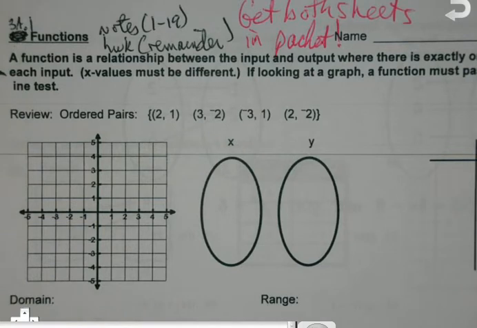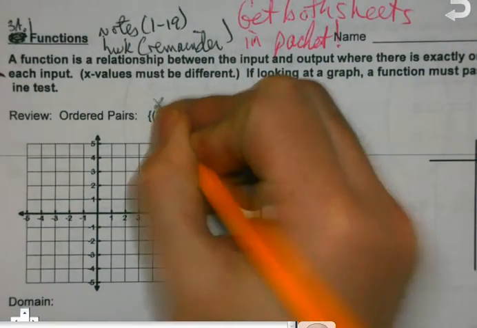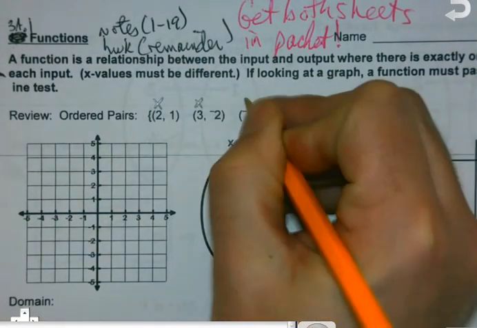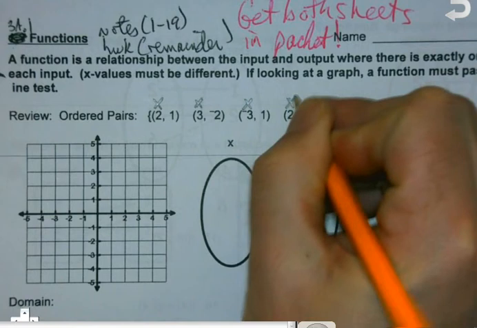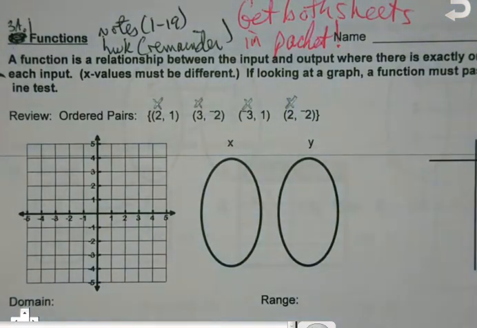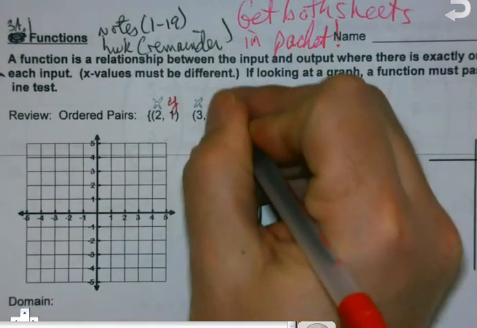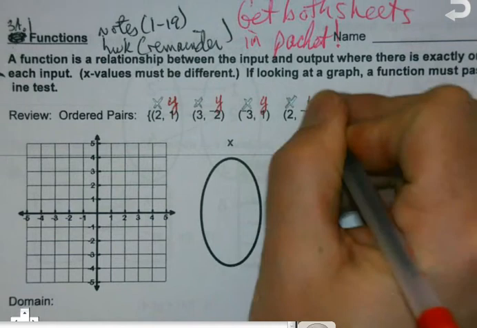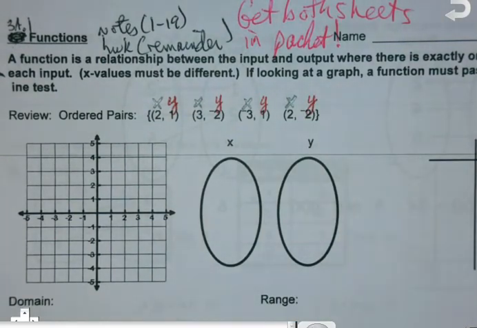So now, for instance, when I have ordered pairs, my first number in there is always going to be x. My second number, of course, because we've been doing all this with slope, is going to be y. So, when I'm trying to figure out if this is a function or not, I'm looking at the x values.